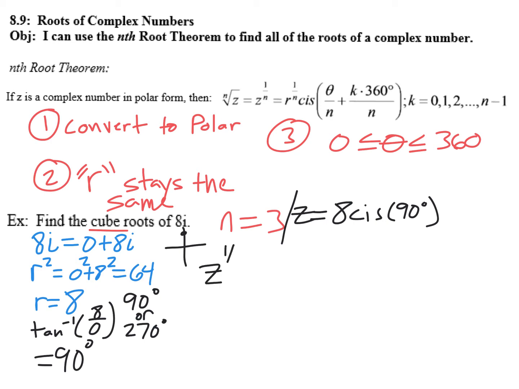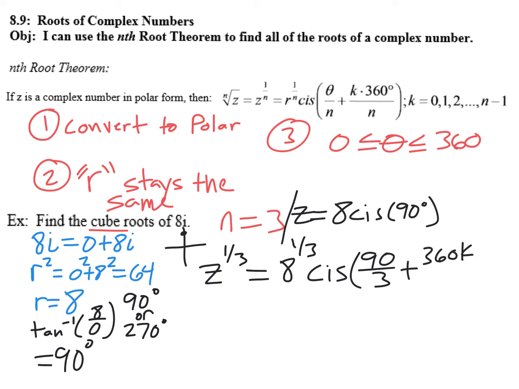Formula would say z to the 1/3 power equals 8 to the 1/3, okay? Theta is 90. That goes over 3 plus 360k over 3, okay?